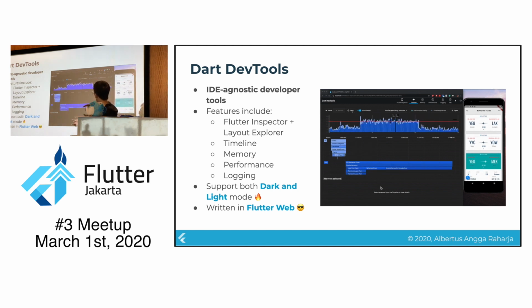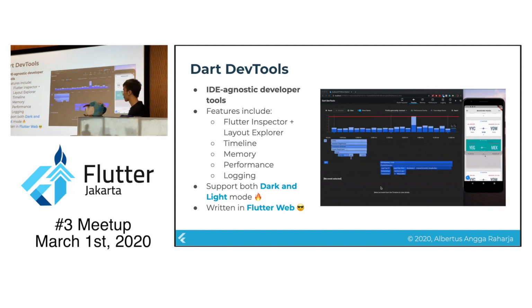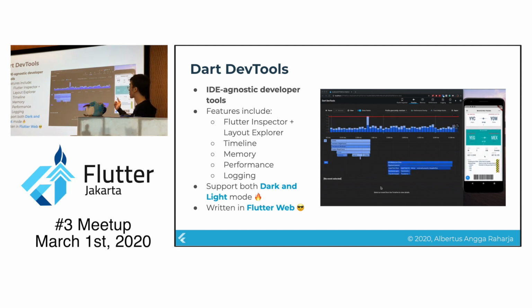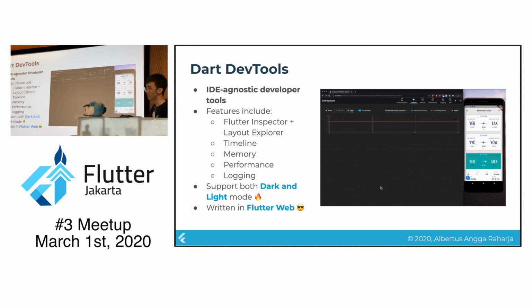It also has a memory page that can profile your memory consumption, and then logging, which is just a nice version of your CLI. It supports both dark and light mode, and it's written 100% in Flutter for web, but it's currently in alpha. The previous version of Dart Dev Tools was written in Dart, but now they are writing it again in Flutter web.